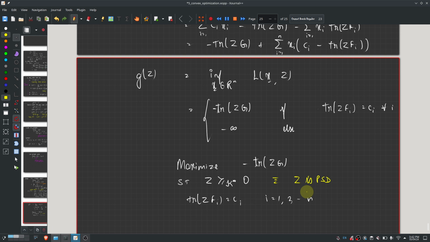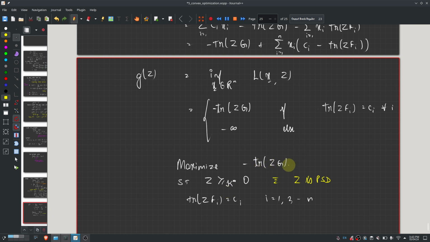So the dual of a semi-definite program turns out to be another semi-definite program. Right? So you have a bunch of linear constraints on Z, and that Z should be PSD.